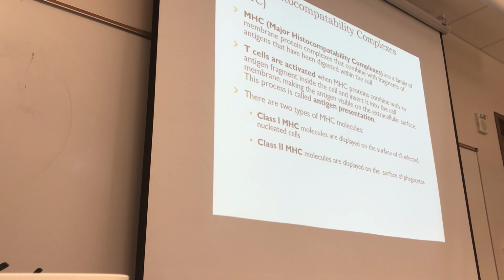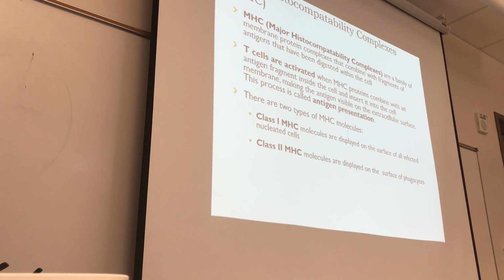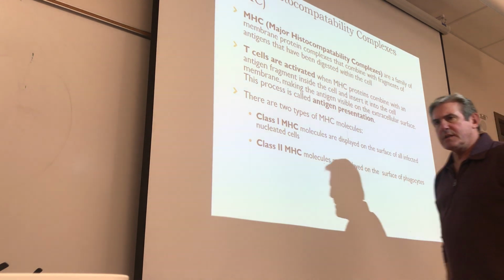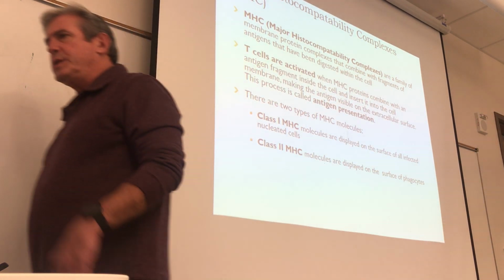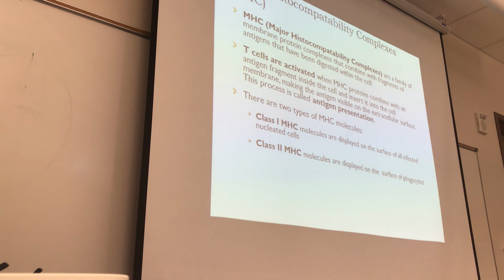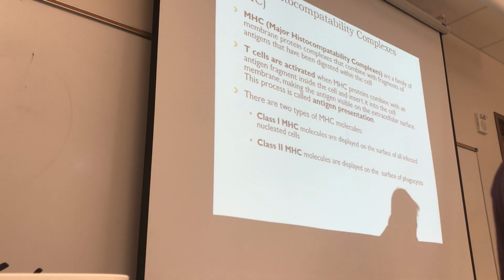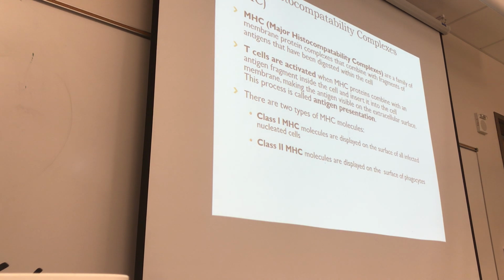Okay, here's the hardest part of this whole lecture. How do these cells recognize bad guys? What we have first are markers that identify you as you, unique to you. We talked a little bit about this before. That's your histocompatibility complex.